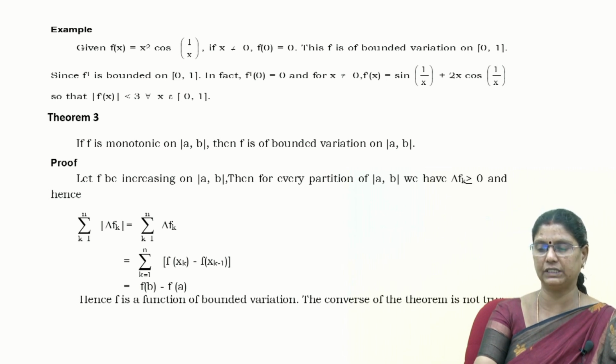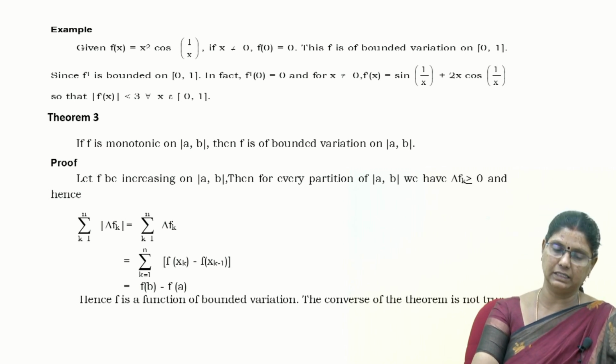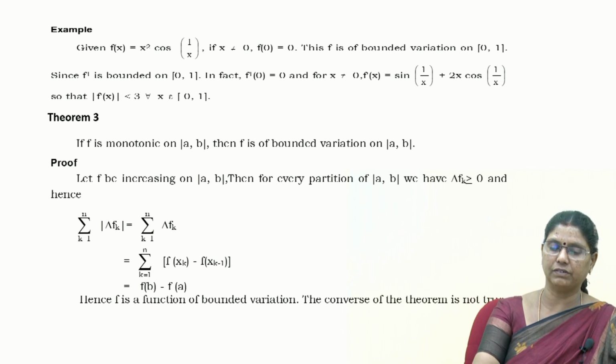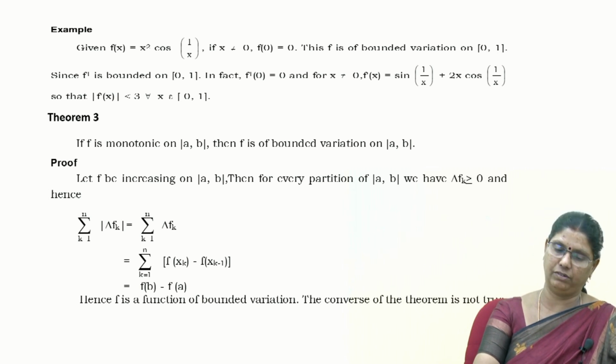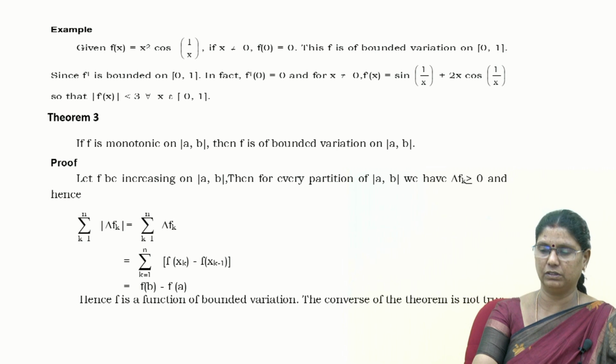For every partition of [a, b], we have Δf_k greater than or equal to 0, and hence the summation of |Δf_k| is nothing but the summation of Δf_k, which is equal to the summation of f(x_k) minus f(x_{k-1}), and this is nothing but f(b) minus f(a). Thus f is a function of bounded variation, and the converse of the theorem need not be true.